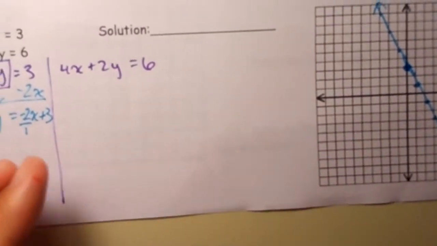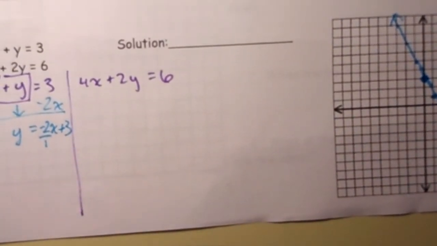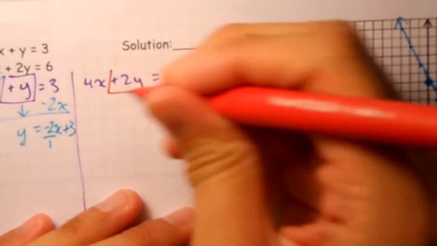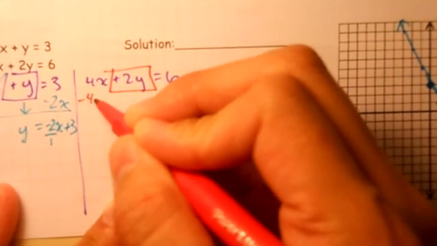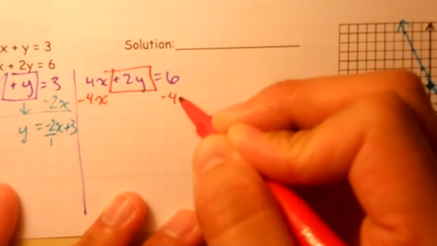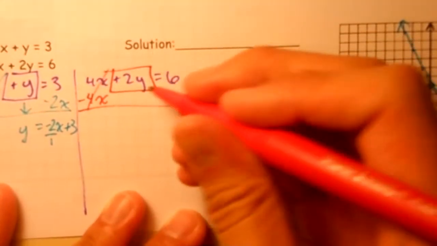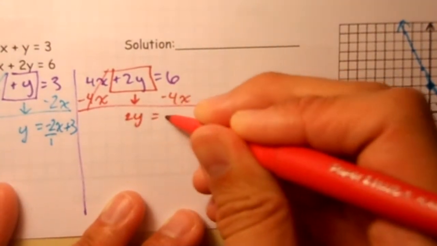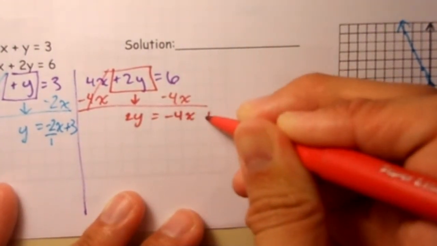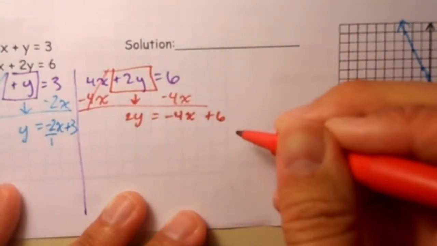Now for my second line, I need to solve for y again. So I've got to box in my variable I want to solve for, and anything that's attached to it through multiplication or division. Subtract 4x from both sides to get rid of it. Now you are left with 2y equals -4x plus 6, because it's a positive 6.